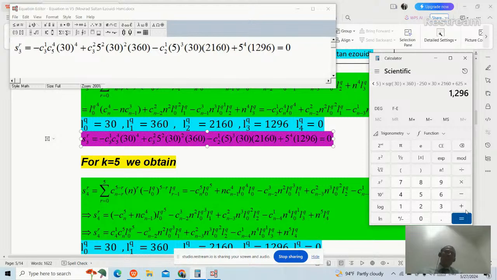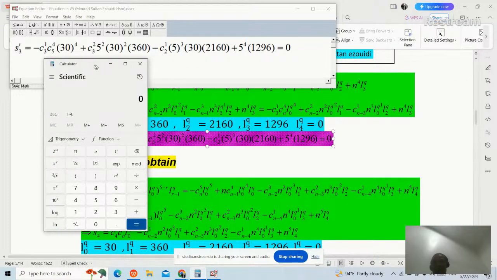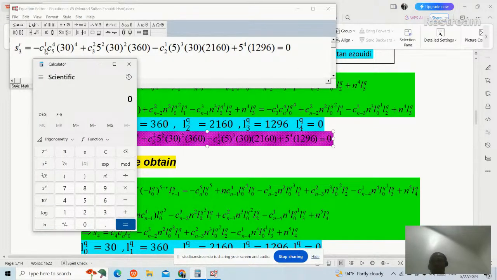This has to be equal to, again, Mr. Murad. Wait a moment, I will just repeat calculating. I will put this in front of you so that I will never forget anything here. Negative combination 3 choose 1 is negative 3, times combination 5 choose 4 is 5. Multiply by 5, then multiply by 30 raised to the power 4.